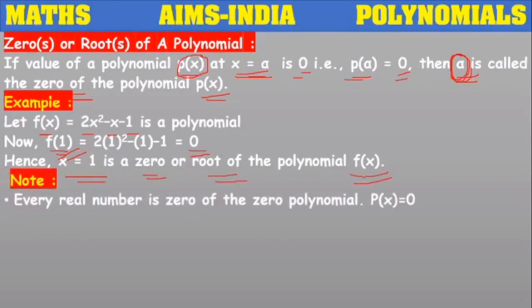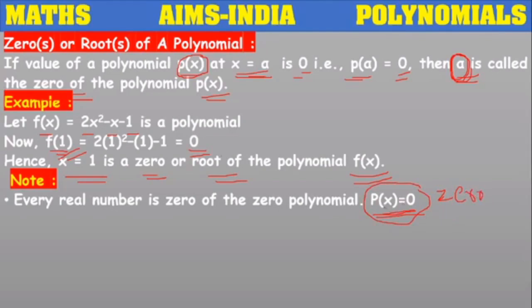Here we have to keep in mind some things. Suppose they have given one polynomial like p of x equal to 0. The given polynomial itself is a 0 polynomial, because its value is always 0, we call it 0 polynomial.